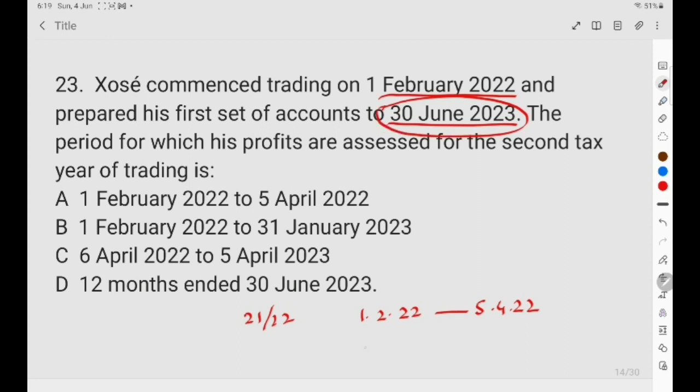So we'll simply consider the second tax year from 6th April 22 to 5th April 23. Because in the second tax year, our period of account has not ended. So we will simply consider that 6th April 22 to 5th April 23 is our normal tax year.